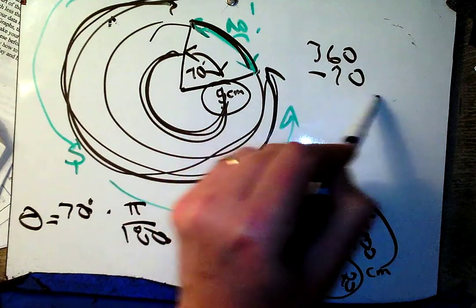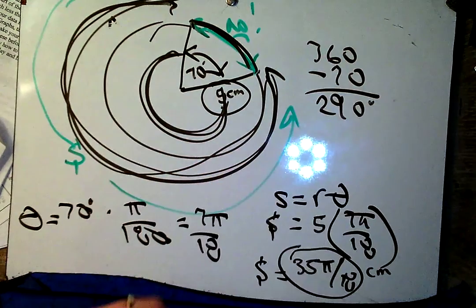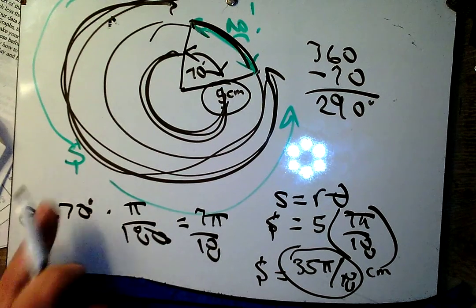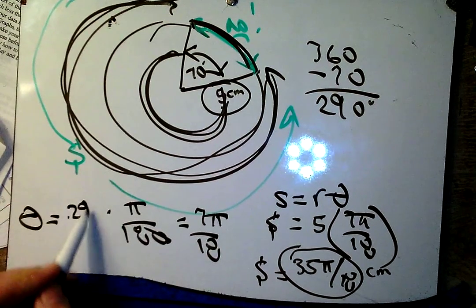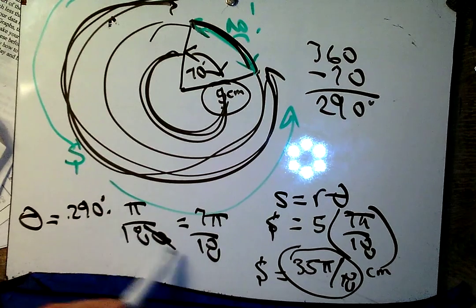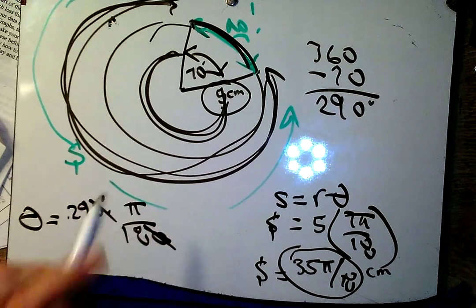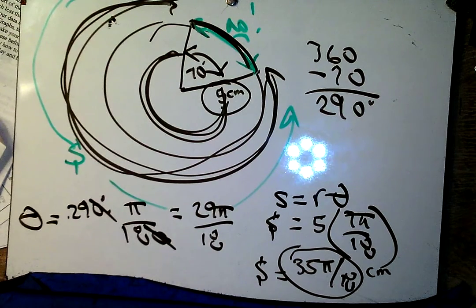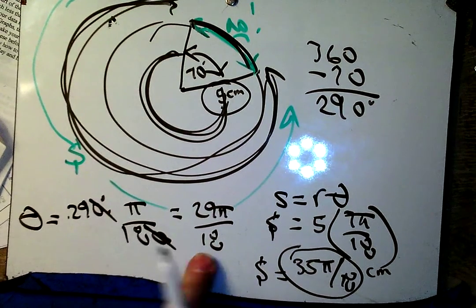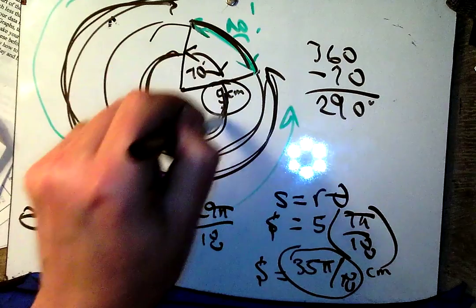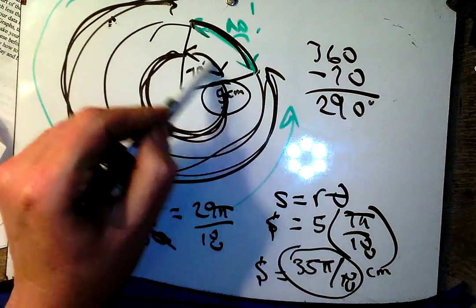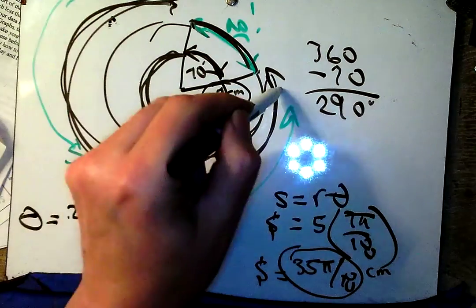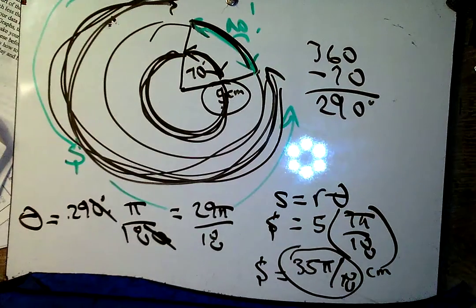360 minus 70, 290 degrees. My angle isn't 70, my angle is 290. Ding, ding. So I end up with 29 pi over 18. That's my theta from here to here, not this one in here. We were told to find this arc. So let's plug in what we know.